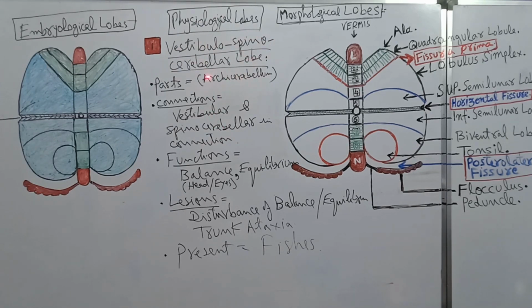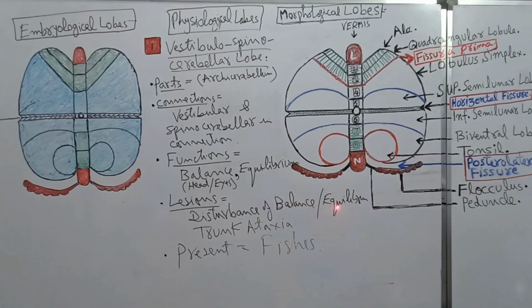It is nothing but the archicerebellum, with the same components we discussed, that is flocculonodular lobe and lingula. It is connected with vestibular nuclei and with the spinal cord. Its function is balance and equilibrium of the body, especially of the head region and eyes. And when this lobe is damaged, it will result in trunk ataxia.